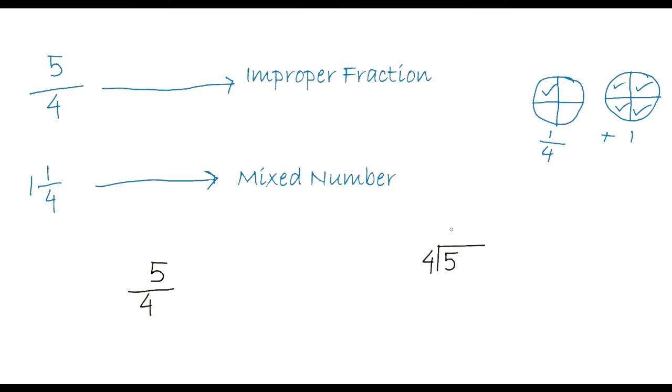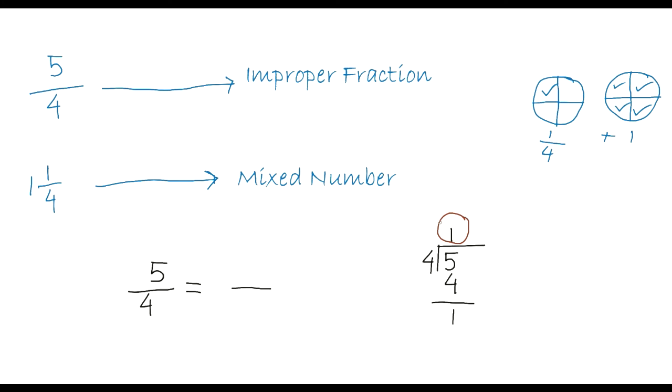You will have 1 here and 4. Then you will have 1 as a remainder. Now how to write it here? Okay, let's write it. This one is your quotient.